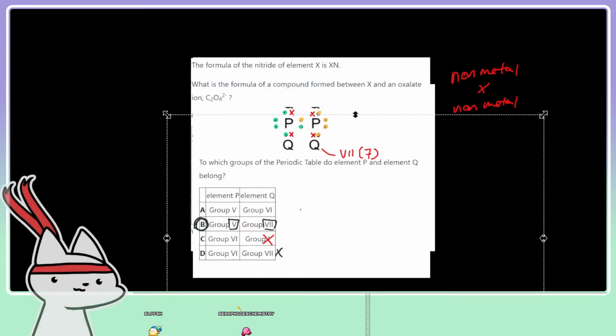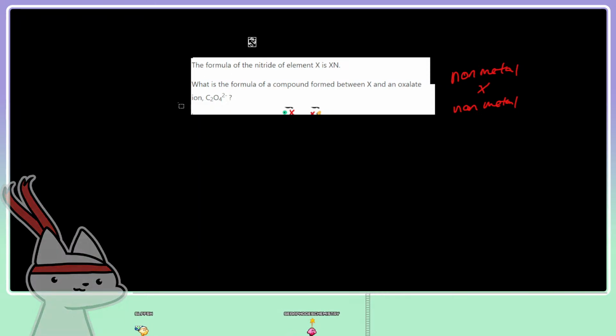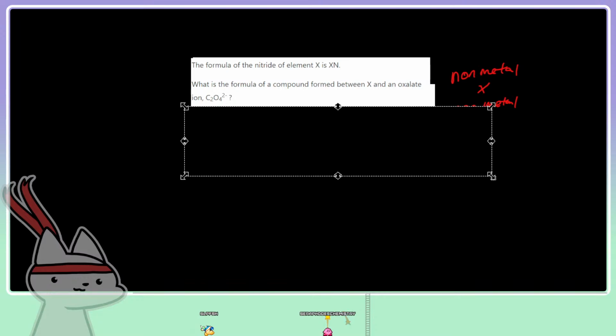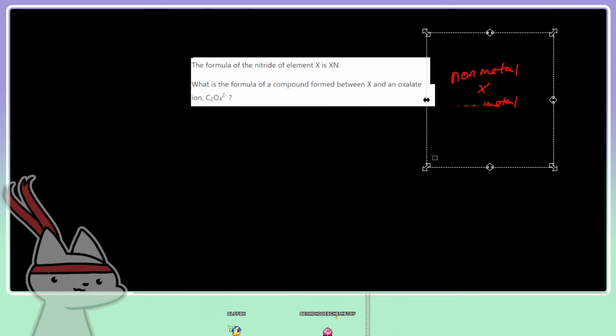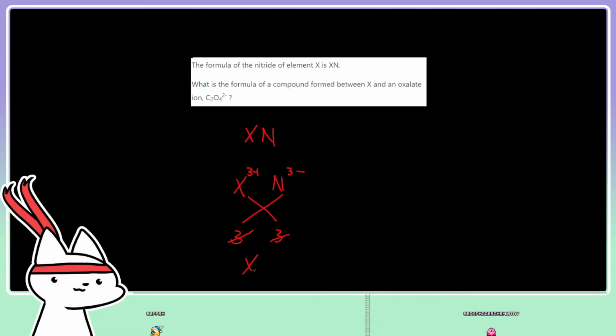So let's clean this up. In this case, since it's X and N most likely is going to be 3 minus, X is going to be 3 plus in order to have the cancel effect to get XN.